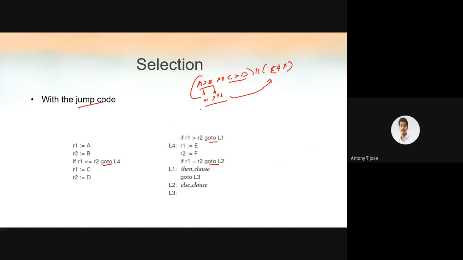If the condition is true, it will go and check for C greater than D. If the condition is false, you know that the result of this one will always be false. So it will go for the OR condition.